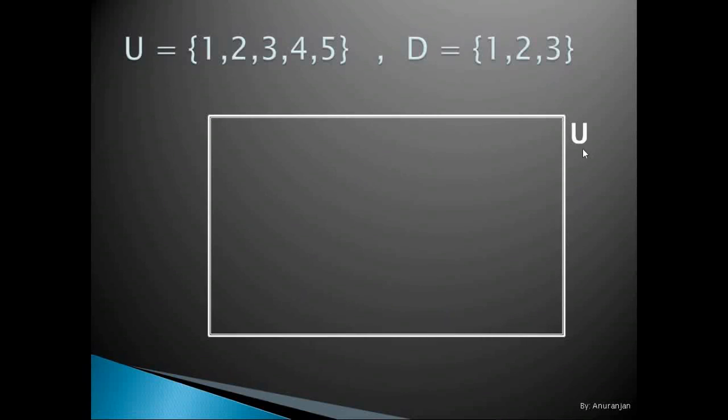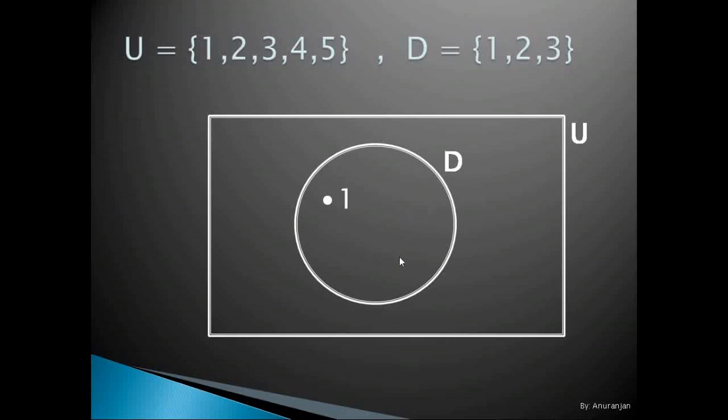Let's name the universal set, and now let's make a circle to represent the elements of the set D. So here this will be set D, and the elements 1, 2, 3 will be inside set D. But what about the elements 4 and 5 of the universal set? That will be shown outside D but inside the universal set. So we have 4 and 5 inside the universal set but outside D.